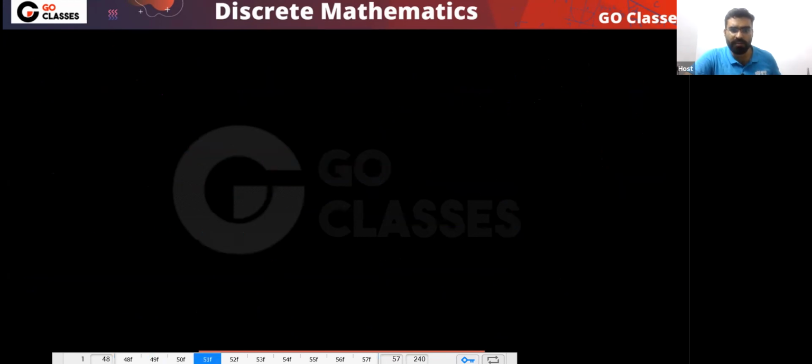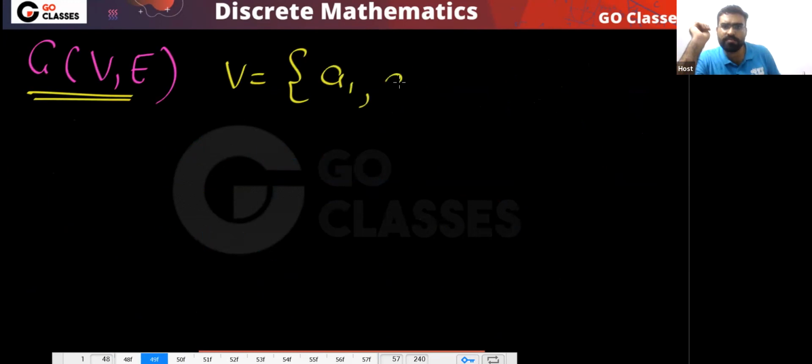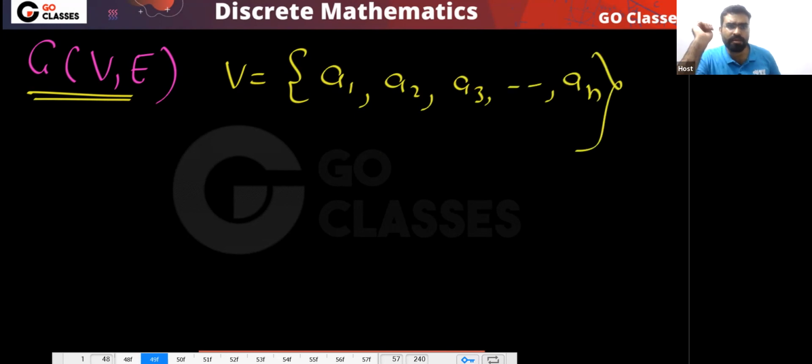Now if you have any graph, I don't have any information about the graph. Let's assume this is your graph G(V, E), and you have these vertices A1, A2, A3, up to AN. Then tell me, I don't have any information about the graph.